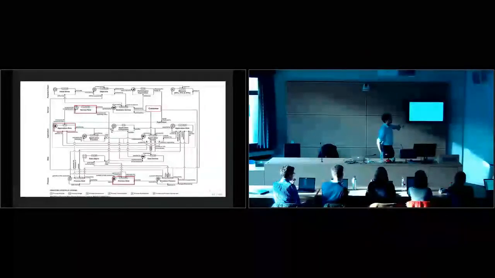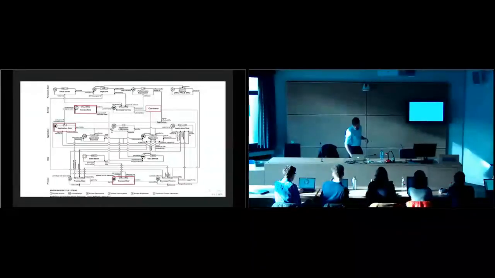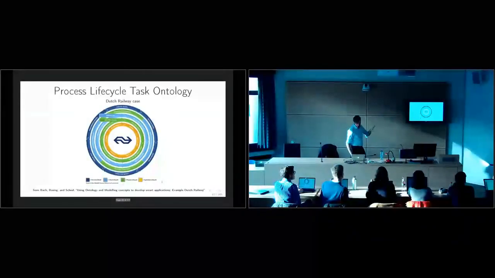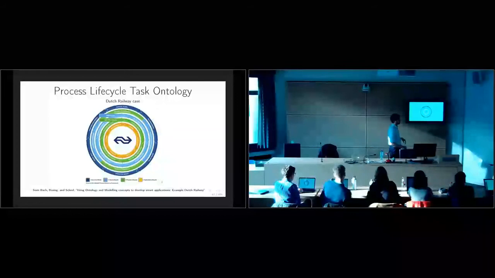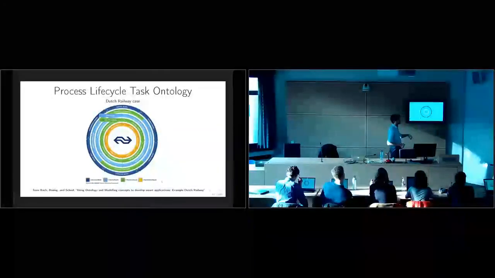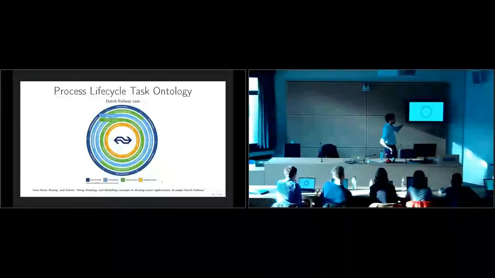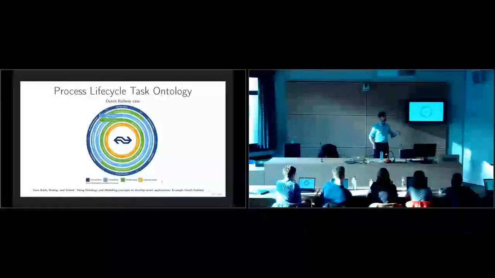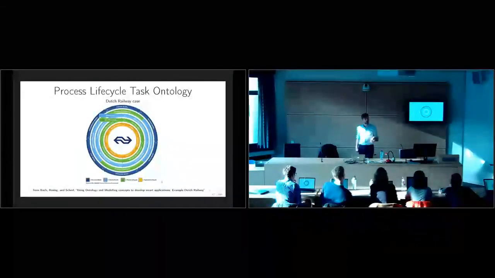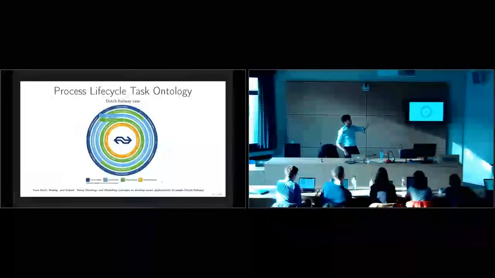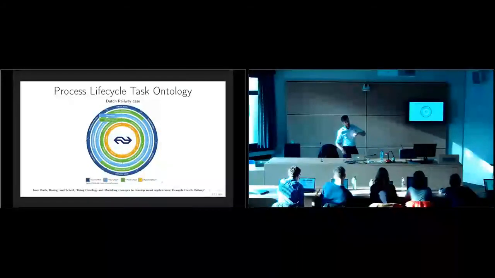So then this is a zoom in on the slide. Okay, so I didn't have to peek actually. This is a view of an integration of different task ontologies. So in here you can see a business model task ontology, a value lifecycle task ontology, a process lifecycle task ontology, an application lifecycle task ontology. And those concepts can be reused in an application ontology.